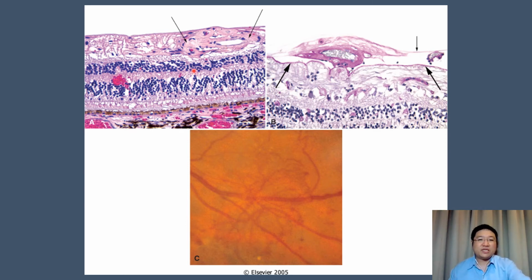But if this neovascular membrane extends through the internal limiting membrane, this is the proliferative stage of diabetic retinopathy. So here we see a lot of neovascularization. So this needs to be treated. This needs to be treated.